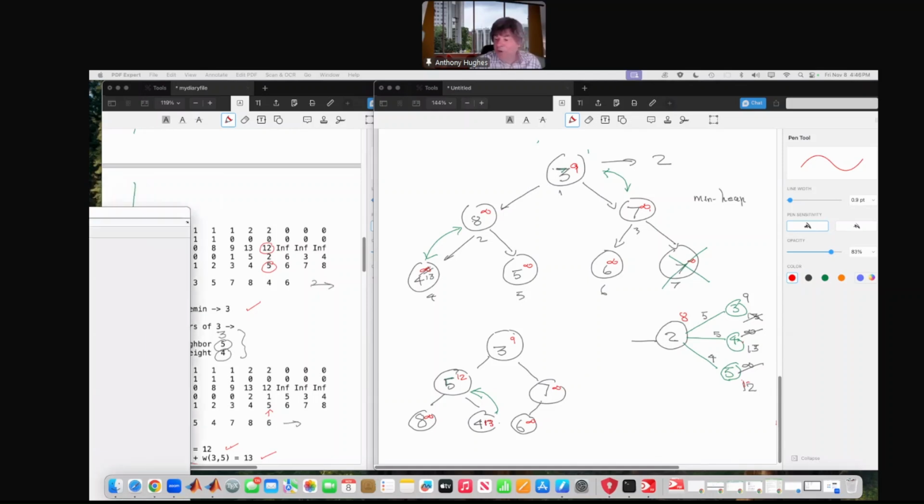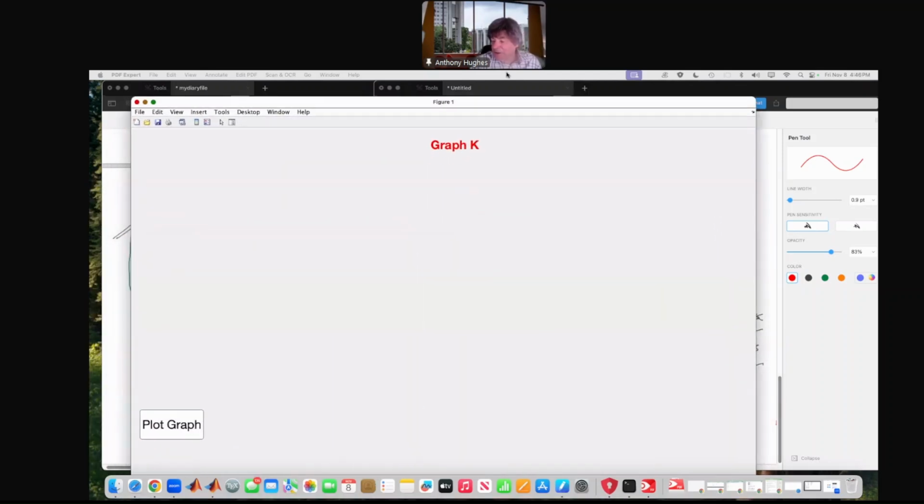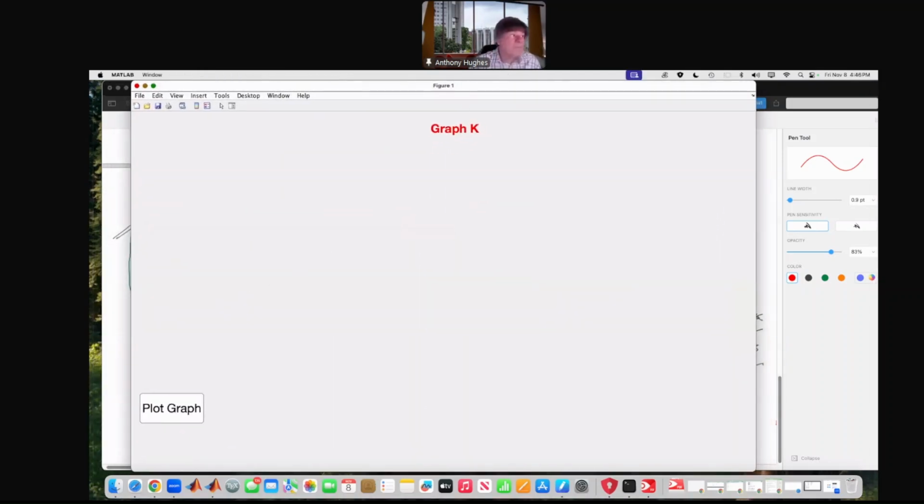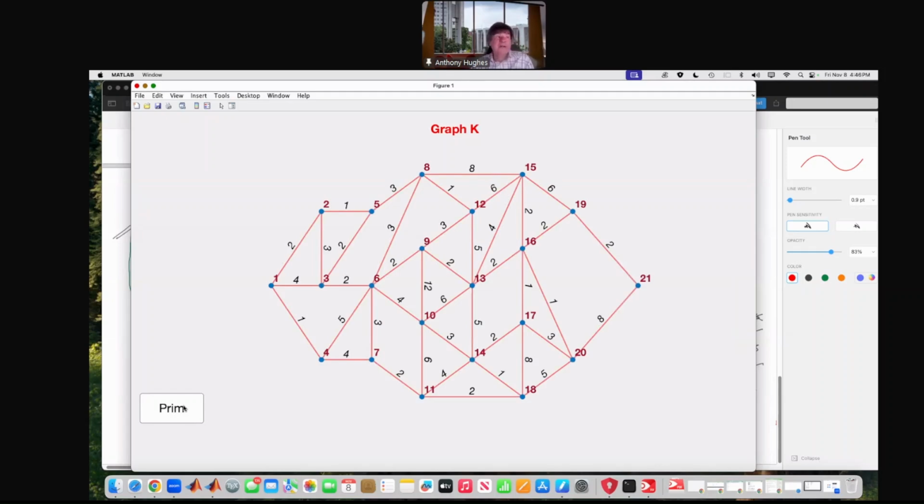To show you how well the algorithm works, I got a slightly larger graph. So a plot graph, there's the graph. So we're looking at this particular graph. I'm going to run actually Prim's algorithm.